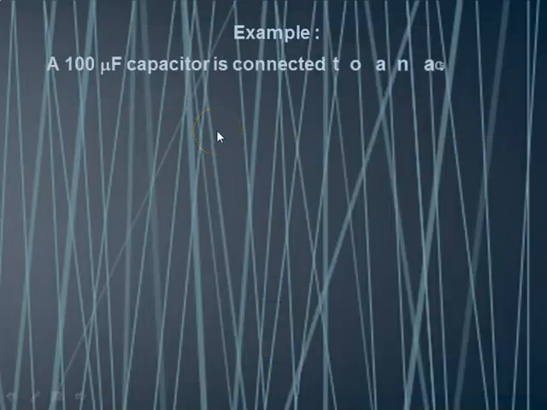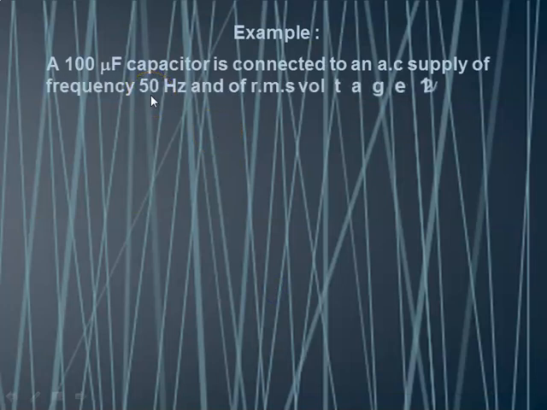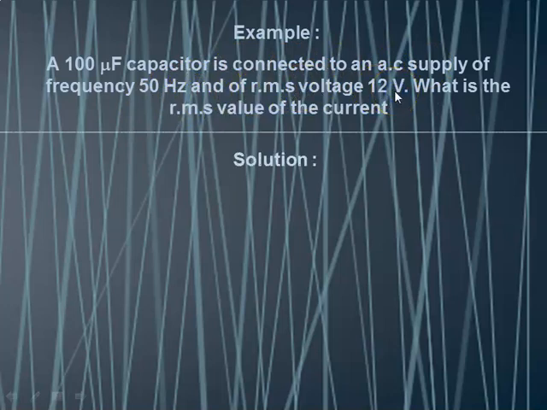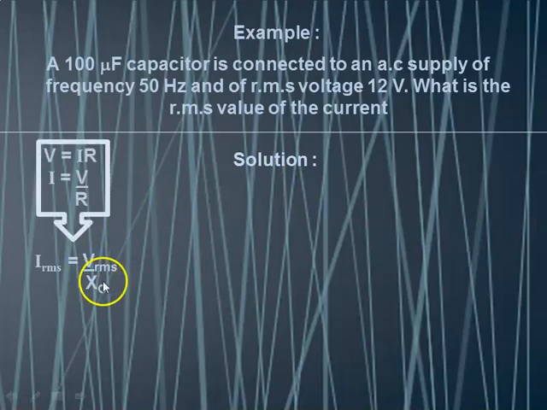So we try this example. A 100 microfarad capacitor is connected to an AC supply of frequency 50 Hz and of RMS voltage 12 volt. What is the RMS value of the current? So the solution, using the equation I RMS equals V RMS per reactance of the capacitor.